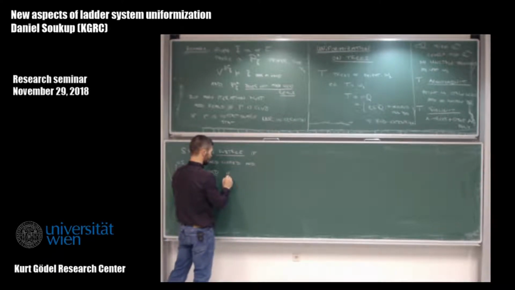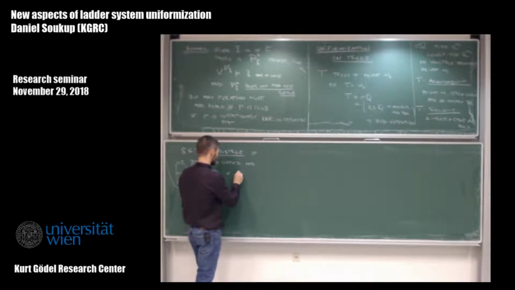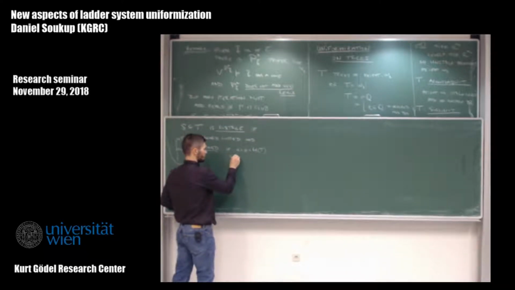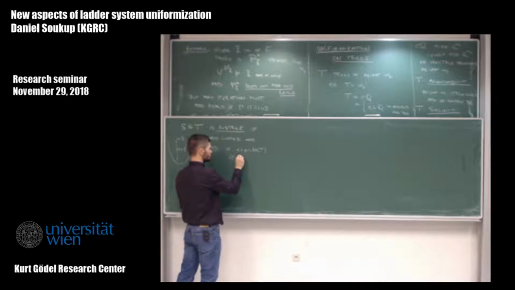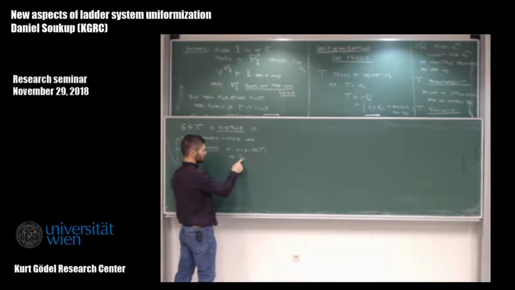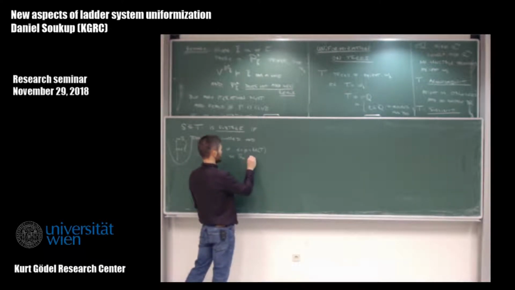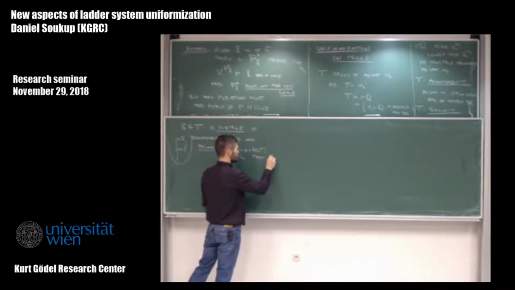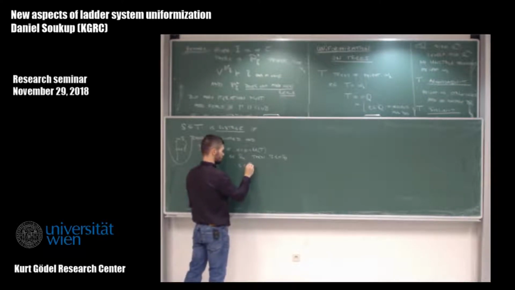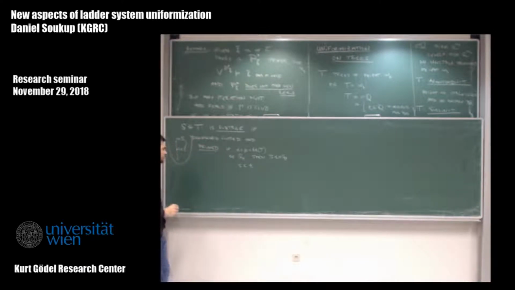And pruned means that if alpha is less than beta, less than, let's say, the height of T, and s is in the alpha level of S, then there is a t in the beta level of S which extends s. Are your trees all pruned? Yeah, I'm going to work with only those.